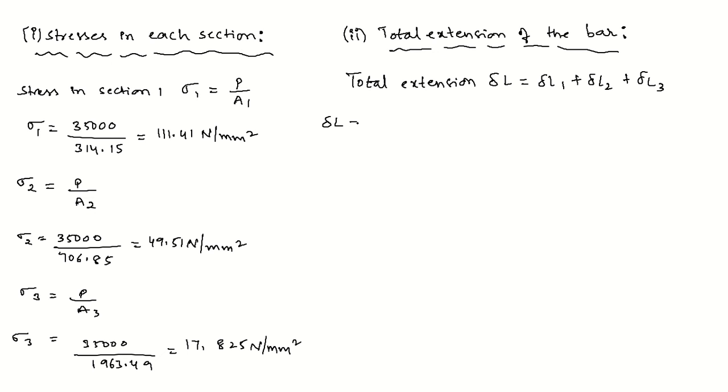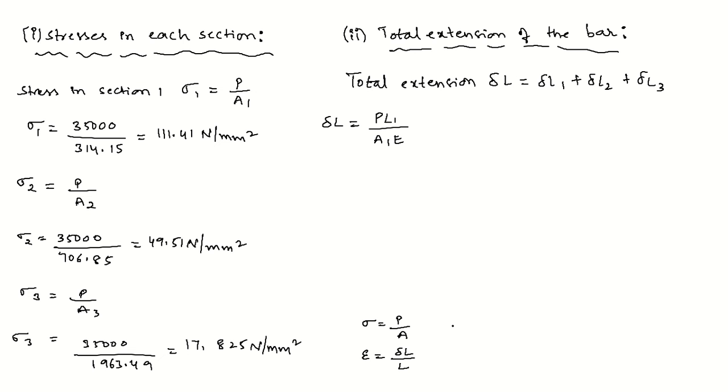So delta L will be equal to, what is the formula for extension? It is given by the formula PL by AE. You may ask how we got this. So I'm just deriving it below. See here, we have sigma equal to P by A, right? Load by area. And we have strain as change in length by original length, correct?